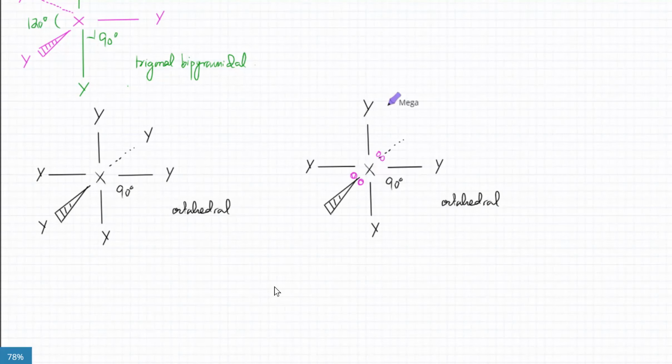This is going to be called a square planar shape or arrangement. Why? Because it's no longer 3-dimensional. It's just one bond on top, one on the right side, one on the left side, one on the bottom side. Nothing in front of it, nothing behind it. The angles would still be exactly 90 degrees.